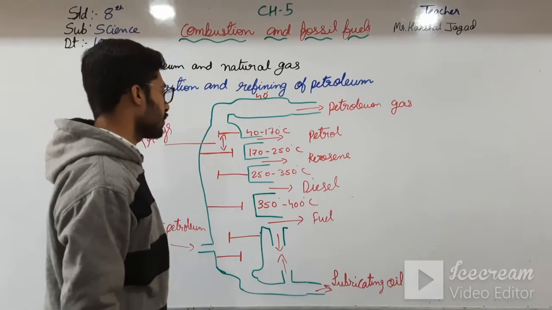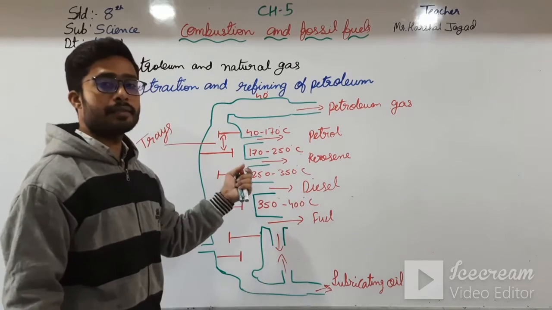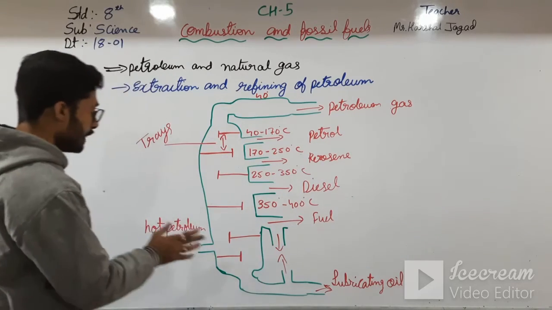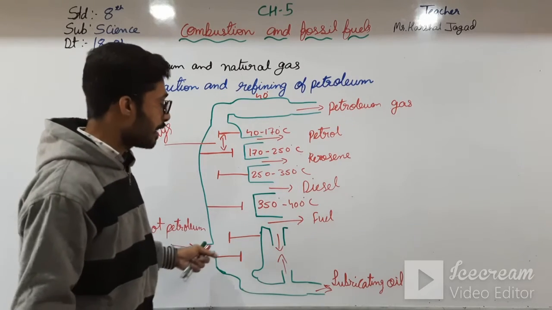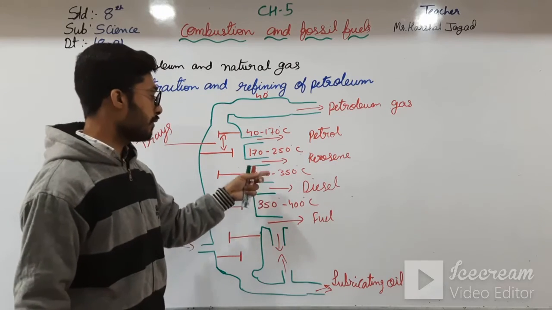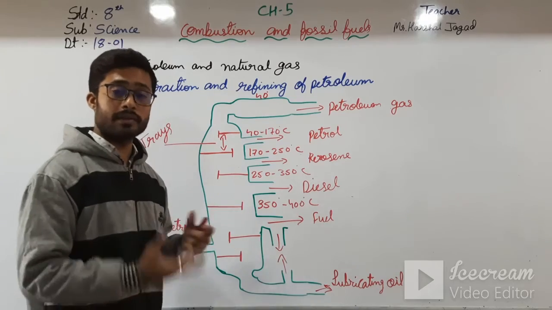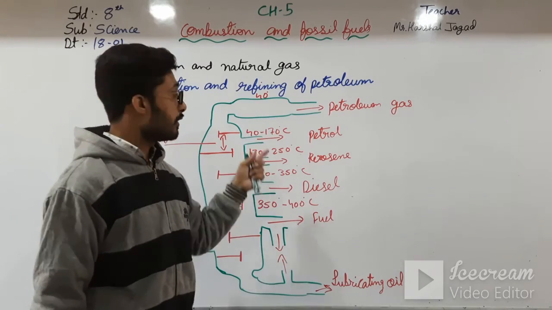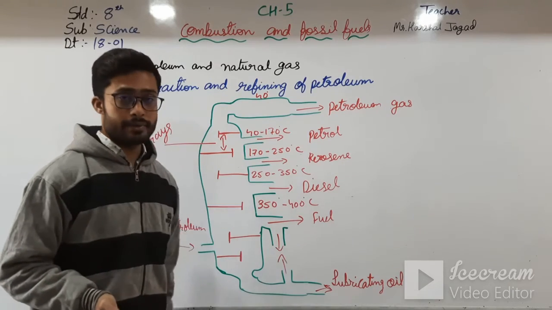So at different temperatures, different things are formed. We just put in hot petroleum above 400 degrees Celsius, and then you can see we maintain the temperature which is given over here. So we will get mainly these things. Also some side products are given. Further, all these things are refined, and then we use them.